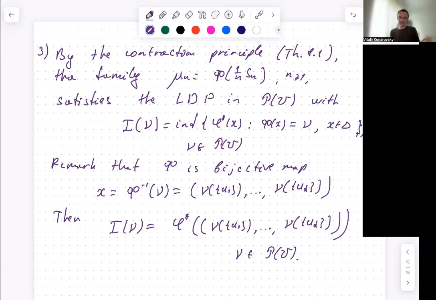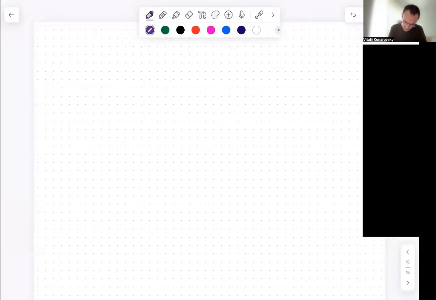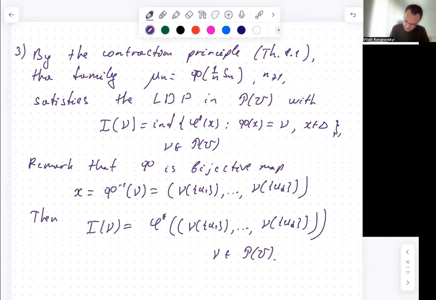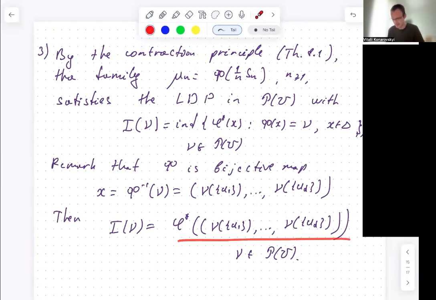So therefore, our goal is to show that I of nu is exactly the relative entropy with respect to mu. So the question is whether this function, phi star of this vector, is defined as the relative entropy.